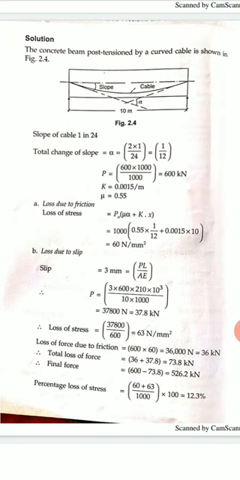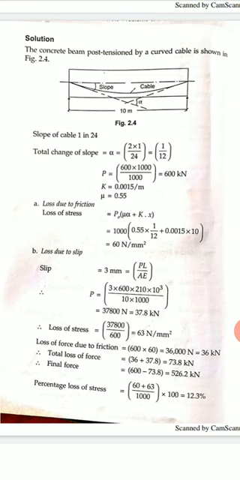Next, loss due to slip. So we are using the formula of delta. You can use any formula, or you can directly find the slip. Here, firstly they have found out P. P is equal to delta, that is 3 mm, into area 600, into E, which is 210 into 10 raised to 3, divided by length in mm, 10 meters into 1000.